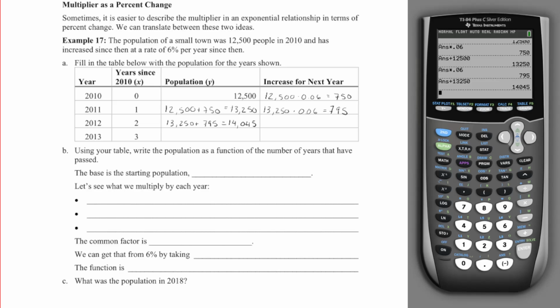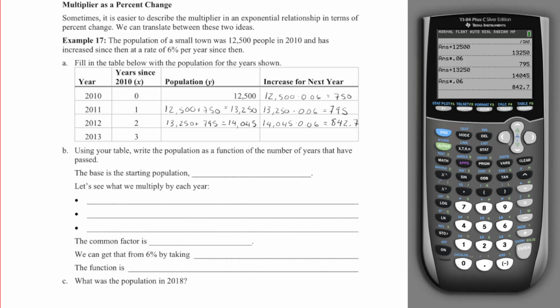All right, one more year of increase from 2012 to 2013, 14,045 times 0.06 is, now, of course, we can't actually have 842.7 people.